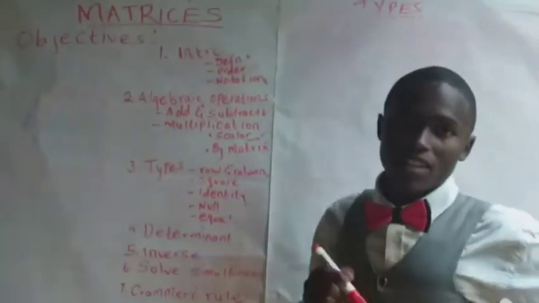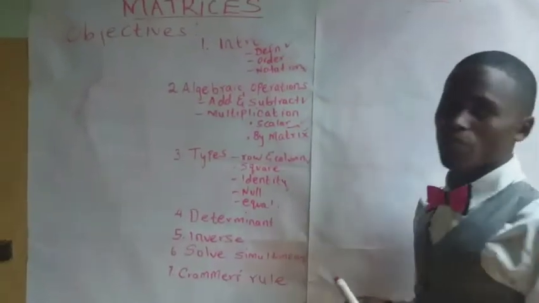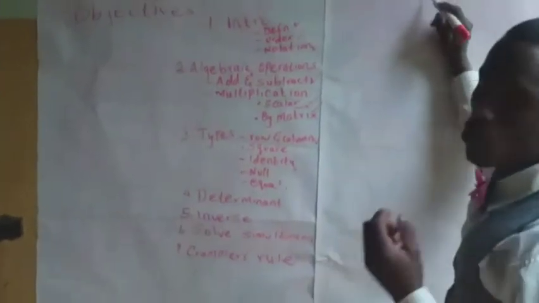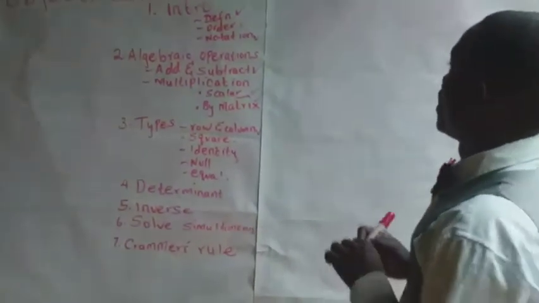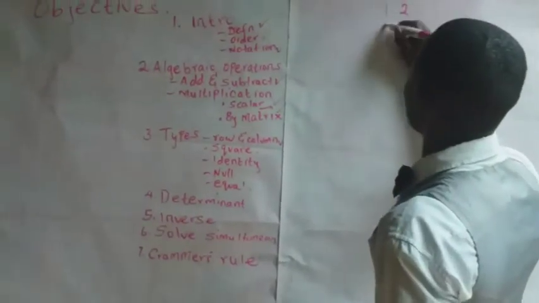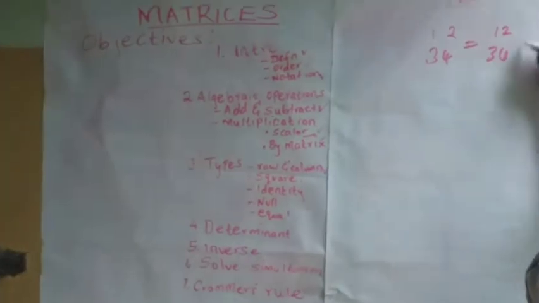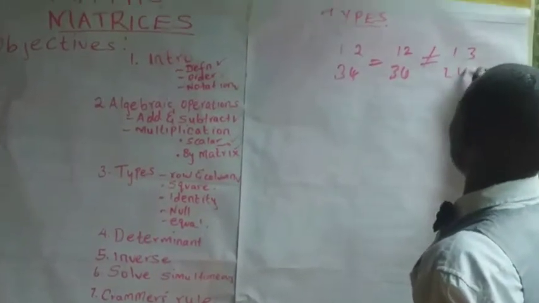Equal matrices. Now equal matrices, this is not one type of matrix. These are two matrices that are equal. Any matrix can be equal to another if its elements are equal. For example, 1, 2, 3, 4 can be equal to 1, 2, 3, 4, but it cannot be equal to 1, 3, 2, 4.